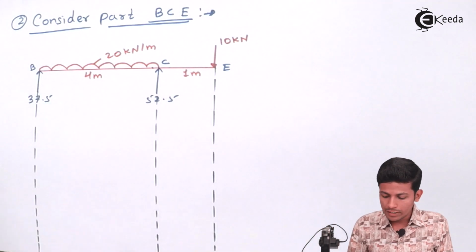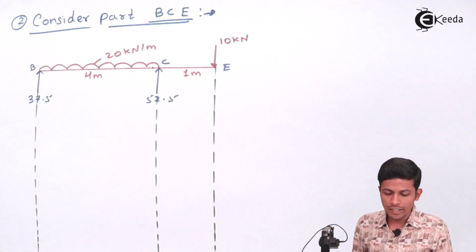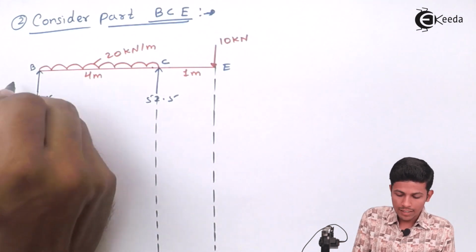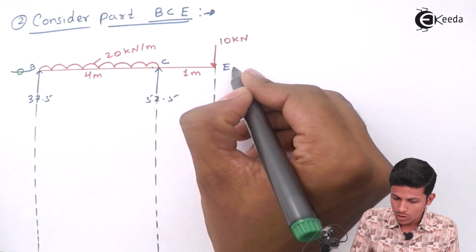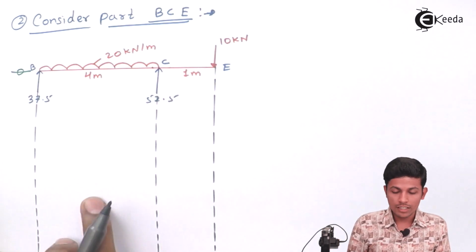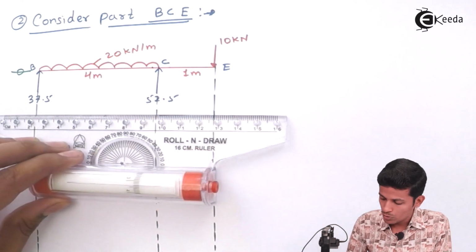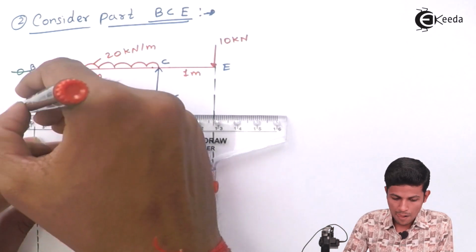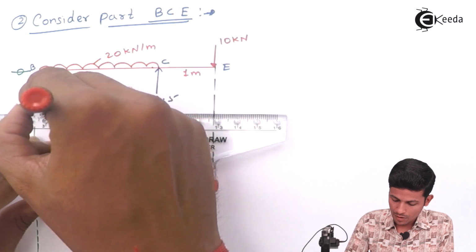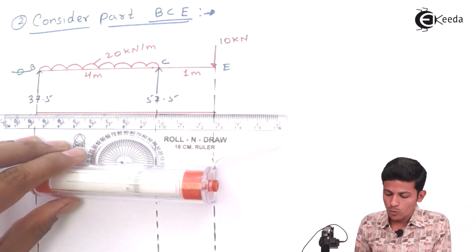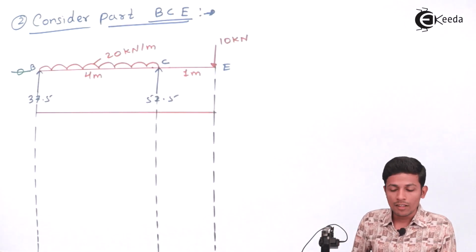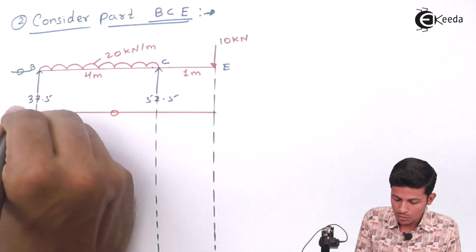Now see, we have extended this whole part. Now draw the AFD, SFD and BMD. Since there is no load here, this will come 0. This is also 0. Since there is no load over here, AFD will be 0. Now draw the AFD first. As you all know, there is no axial force in the beam BCE, so AFD will be 0.